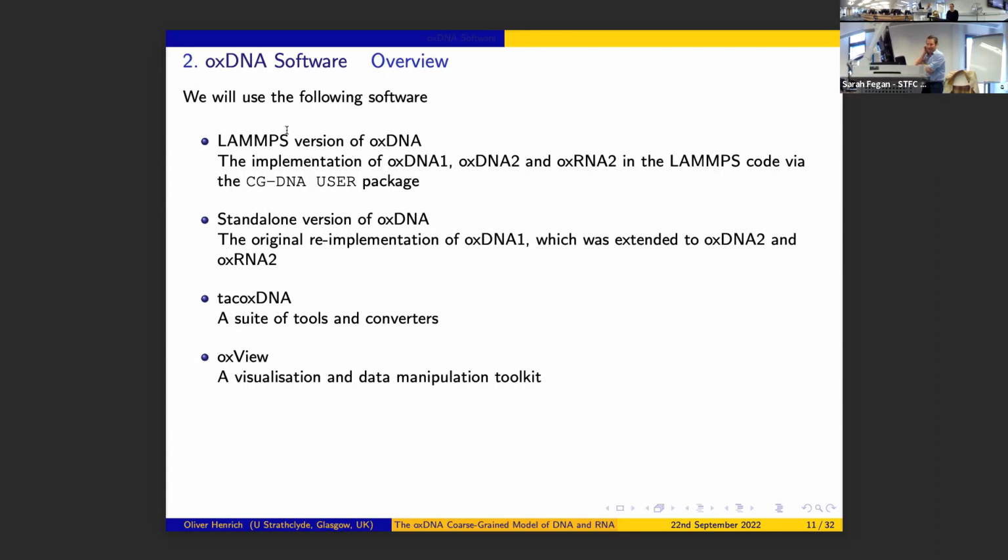It would be good to have a few more people doing the same. What we have so far is oxDNA 1 and oxDNA 2, of course. And oxRNA, normally just called oxRNA, but I call it oxRNA 2 because it also has major and minor groove and is implemented in the very same way as oxDNA 2, but it's the RNA model.